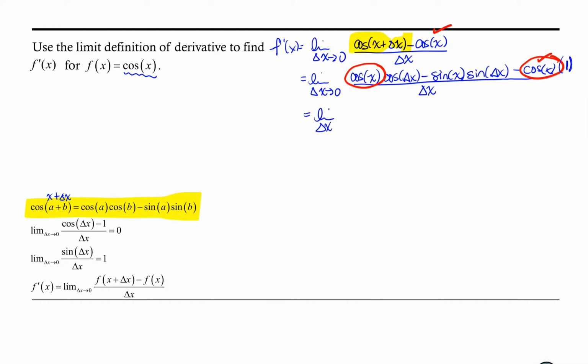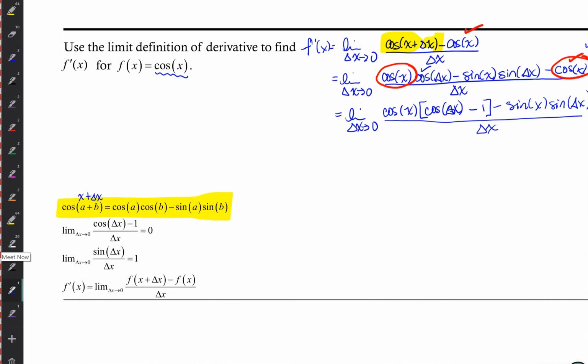So we have the limit as delta x goes to 0 of cosine of x. Factoring that out, I'm left with cosine of delta x. That's this first term. And now this last term, minus 1. And then minus sine of x times sine of delta x. This whole thing over delta x.